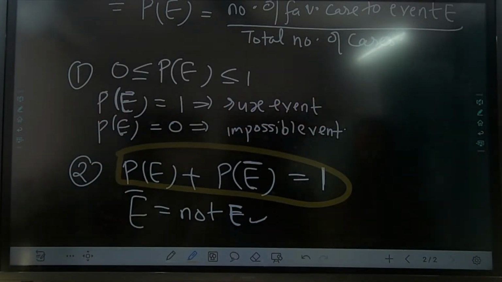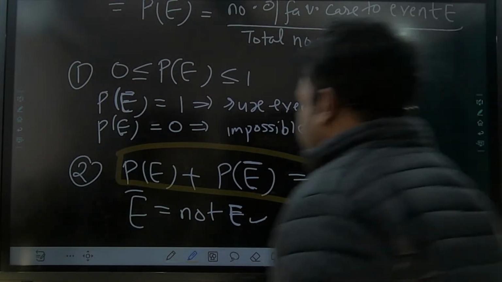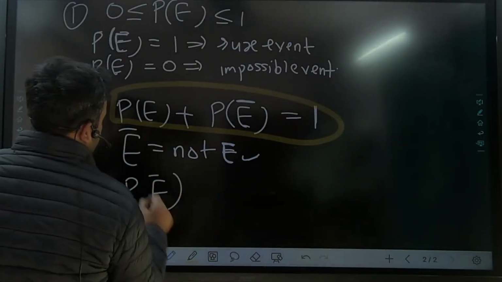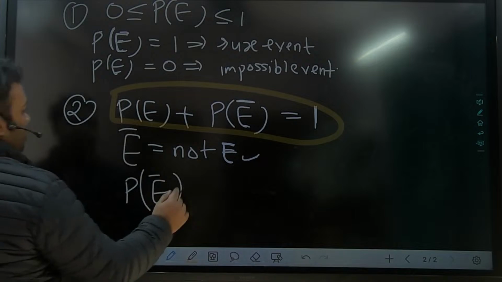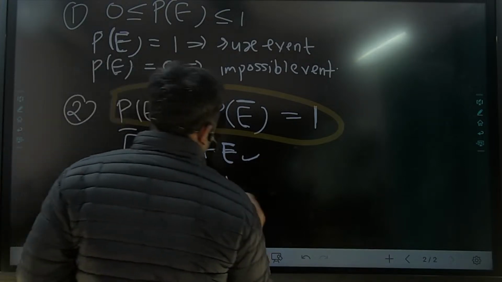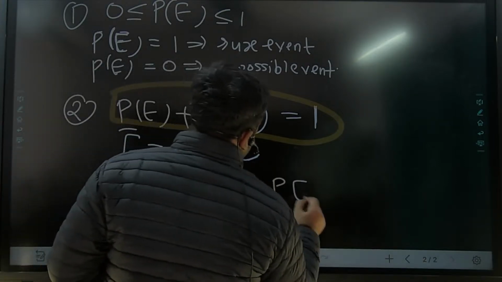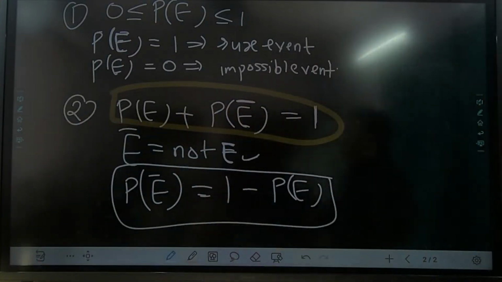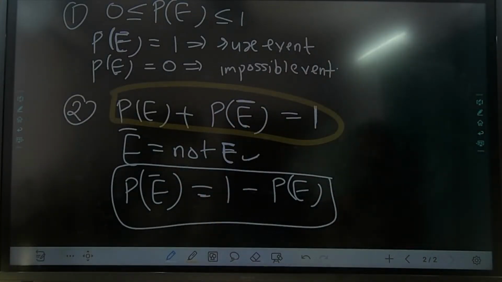So sometimes we can calculate the probability of an event not happening at all, which is 1 minus the probability of the event to happen. This way some calculations will be easy for us. We'll see through problems.